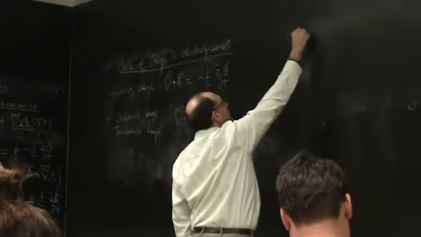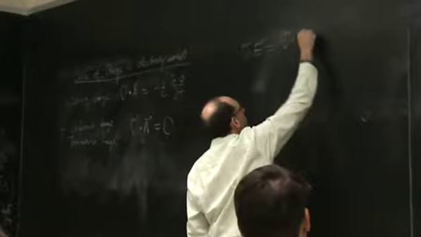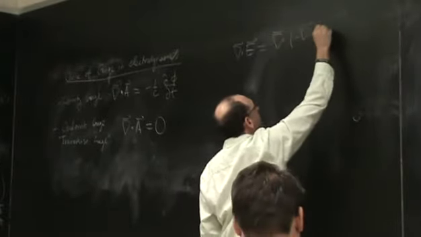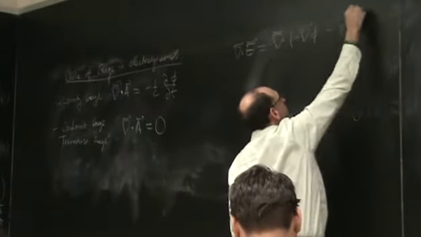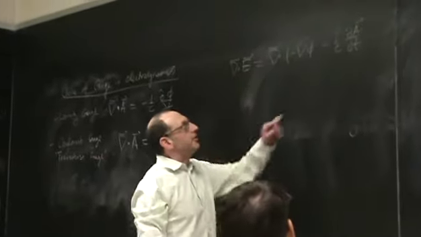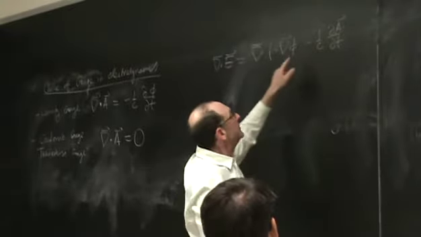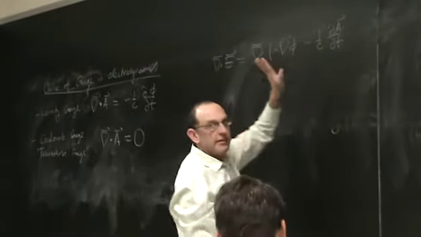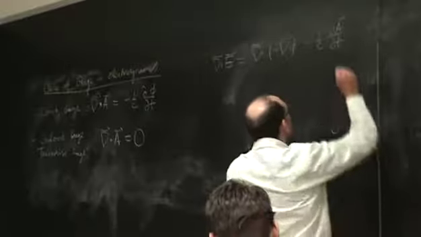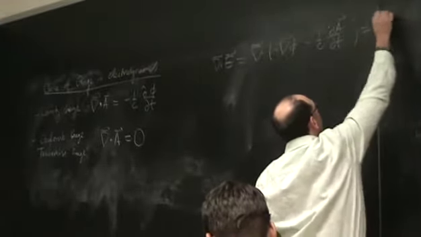So, del dot E is equal to the divergence of minus the gradient of phi minus 1 over c dA/dt. Once again, in these Gaussian units, the vector potential and the scalar potential have the same units. So this is a distance, that's a distance. It is equal to 4 pi rho.